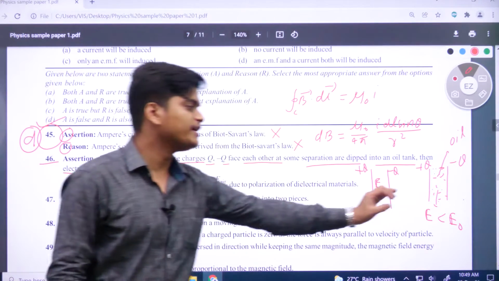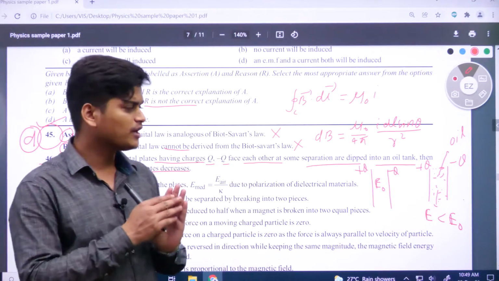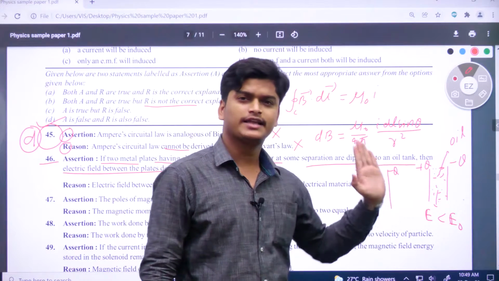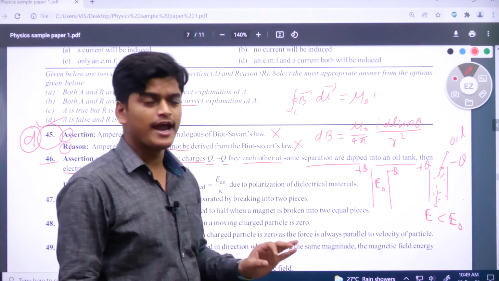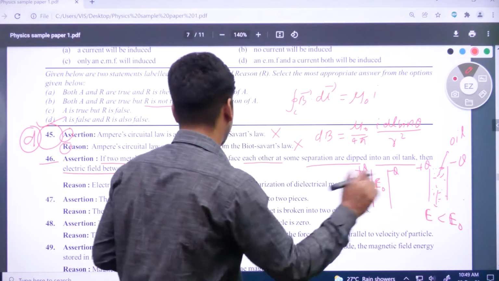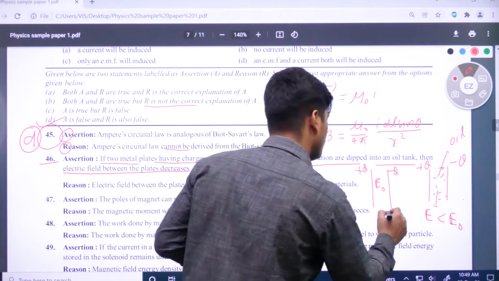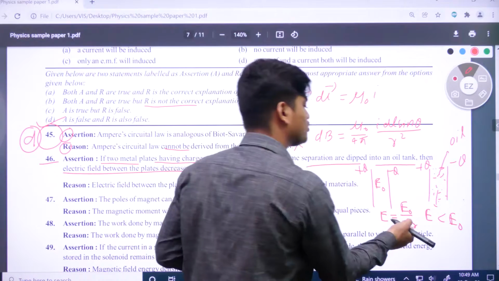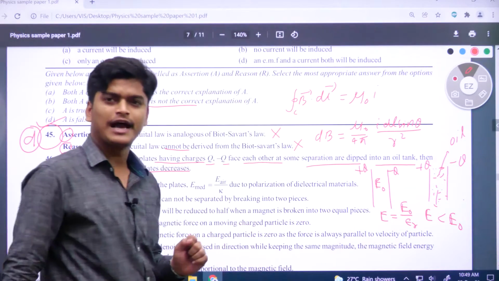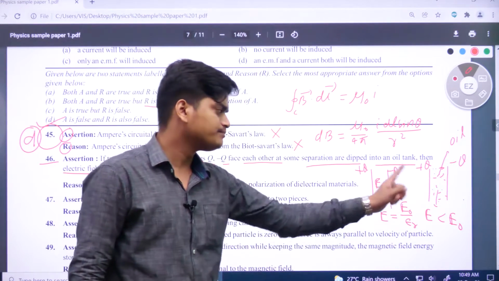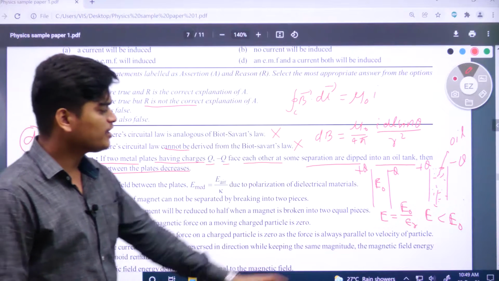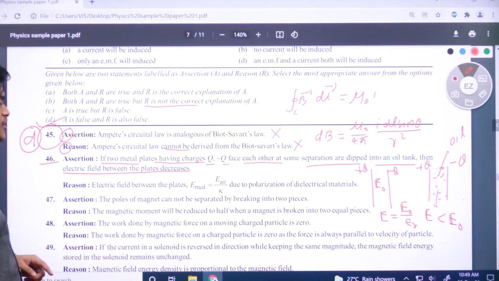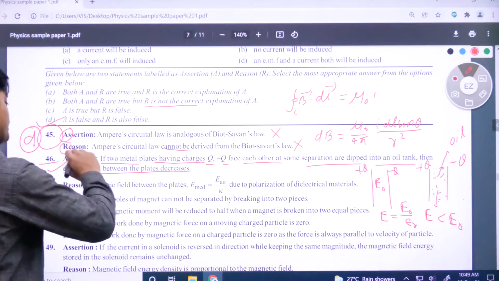The electric field will reduce, because whenever you take a medium, the electric field changes and basically decreases. By what factor does it decrease? This E value will be nothing but E naught divided by the dielectric constant of this oil. So that's why the electric field decreases. So this assertion is basically correct.